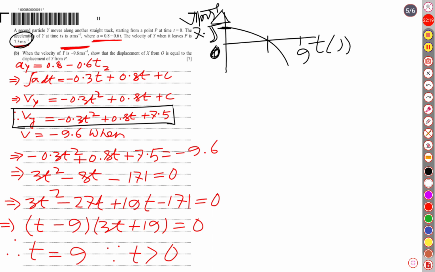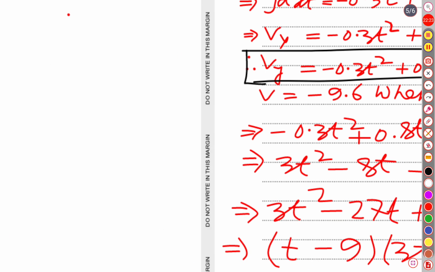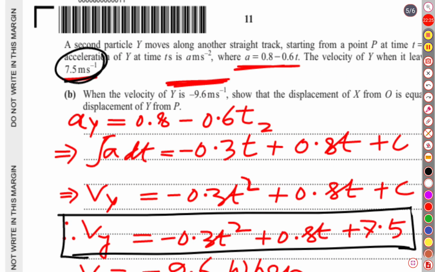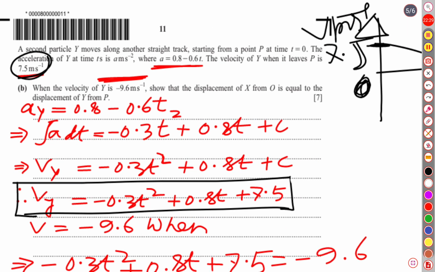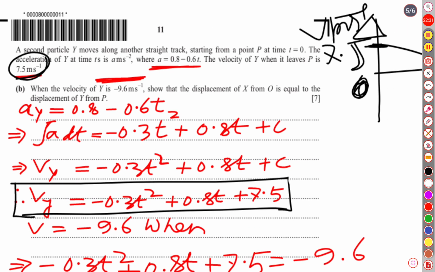Look at this, here there is a huge twist. If we read the question, it says when the velocity of y is negative 9.6; we have already found that at the 9th second the velocity was negative 9.6. But they have told us to find the displacement.